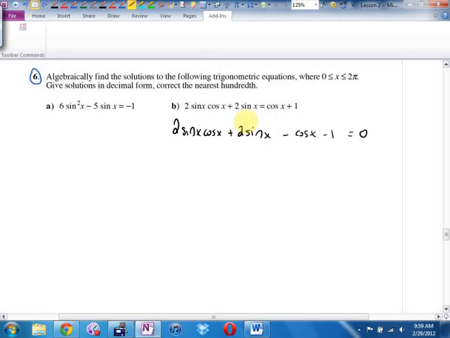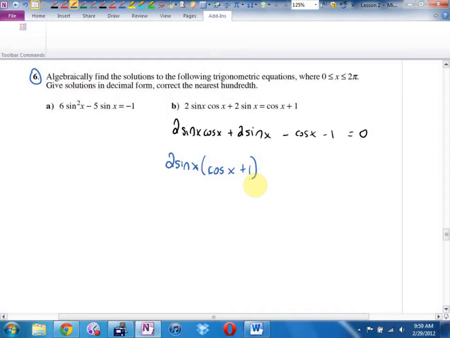GCF in the first 2 terms? Oh yeah, there is. 2 sine x, leaving me a cos x plus 1. GCF out of the last 2 terms.